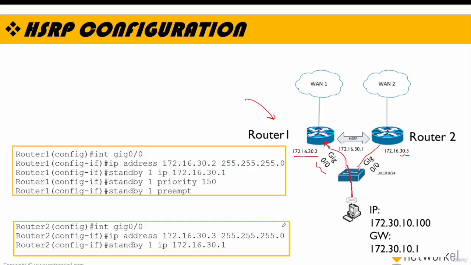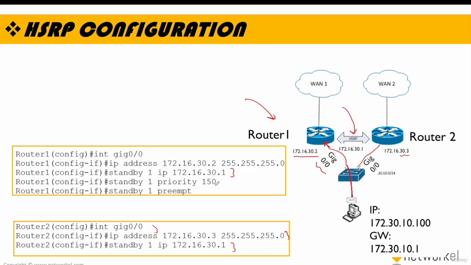Okay, and then what I need to do is configure my virtual IP. The virtual IP is 30.1 for this case. So I'm going ahead and defining a virtual IP for both, so they are aware of the virtual IP, which is 30.1.